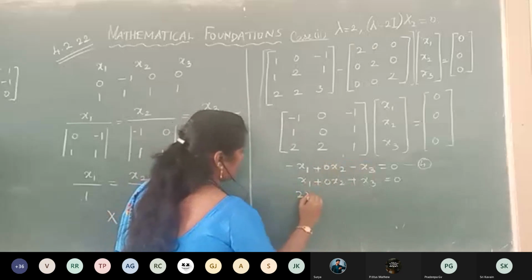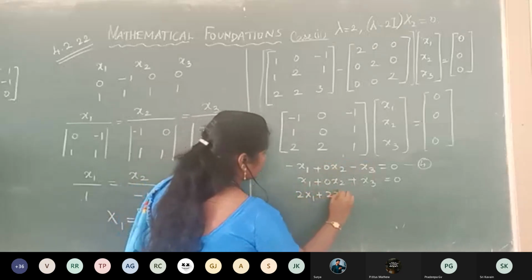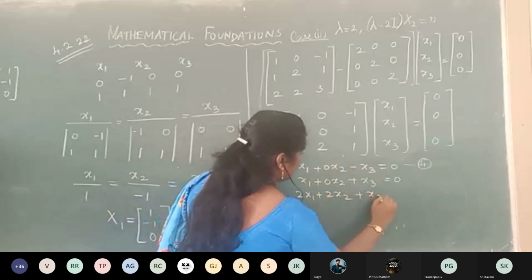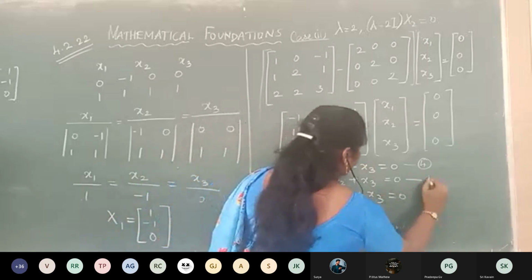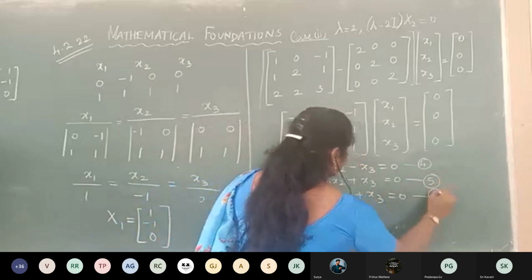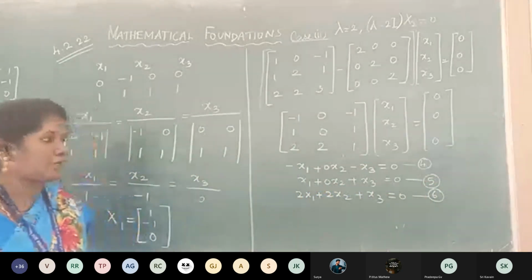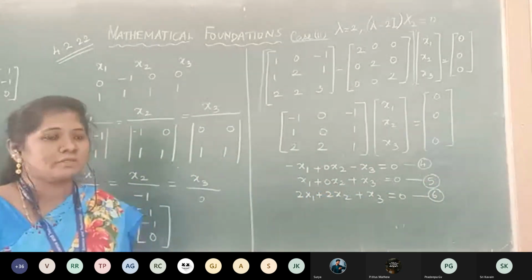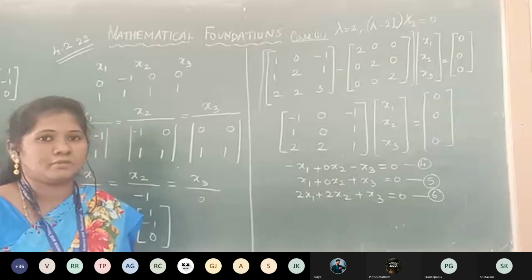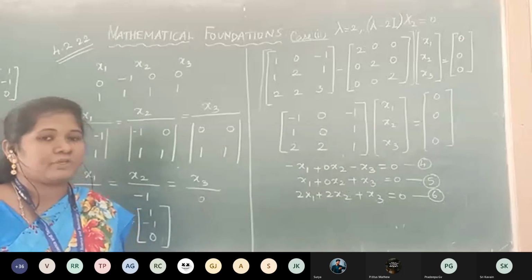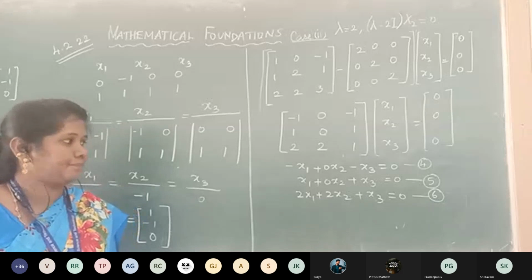And the third one, 2x1 plus 2x2 plus x3 equal to 0. So here again we have got three equations. In these three equations, are all three different, or are any equations the same?